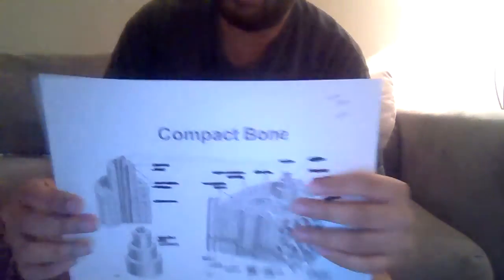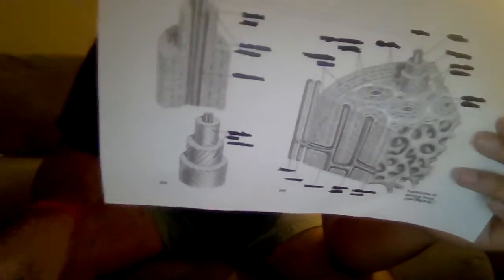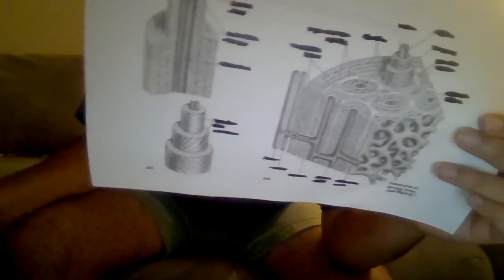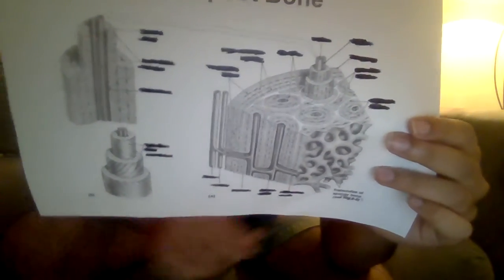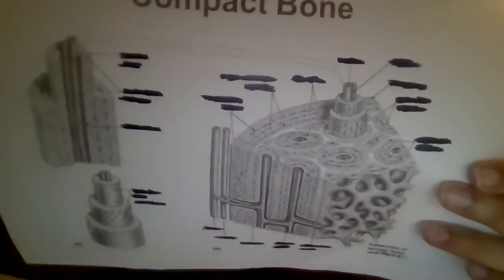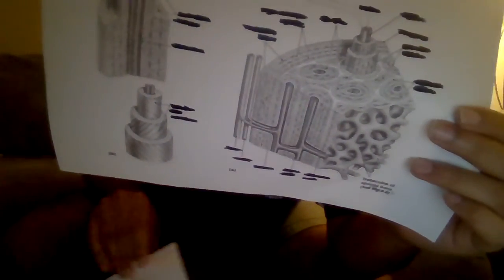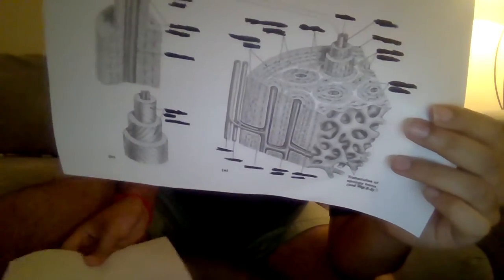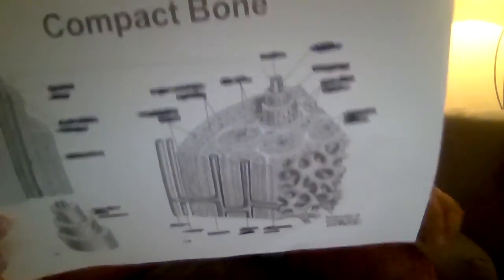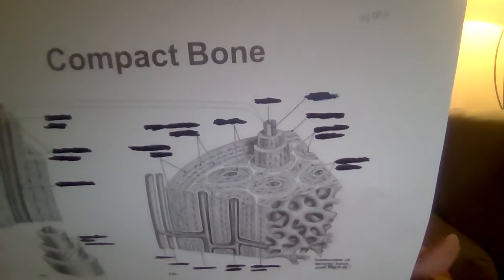Next one is the compact bone, and I had to cross out the labels so that I can explain it myself. Compact bone. Alright, blood vessels, same as before, known for storing oxygen and nutrients.